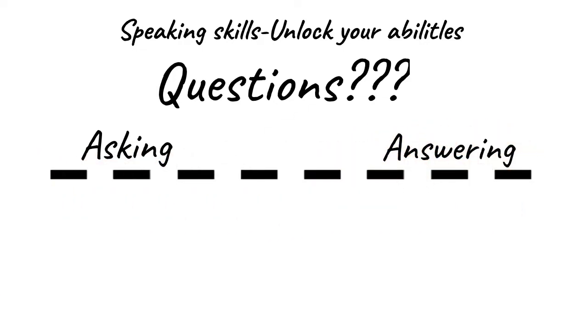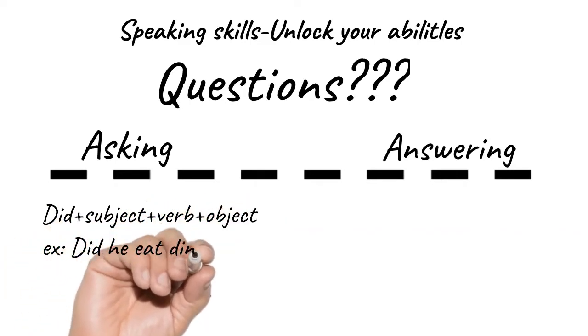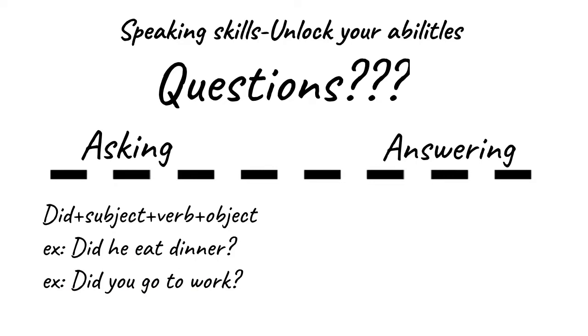Asking, we use did plus a subject plus a verb plus an object. Did he eat dinner? Did you go to work? See how easy that is and how many questions you can come up with? Did you, did he, did she eat dinner, lunch, breakfast? Go to work, go to school, go to the market.